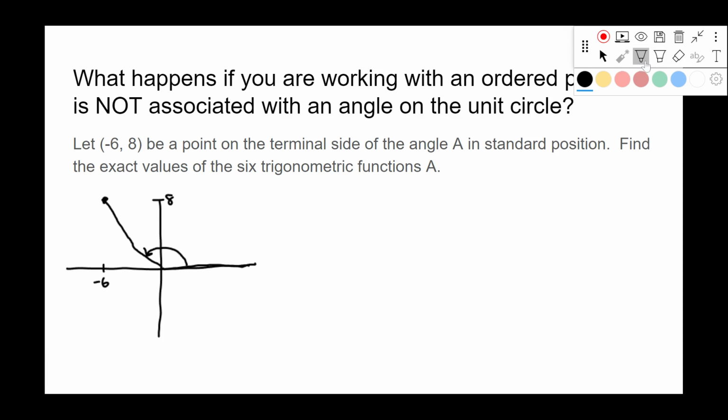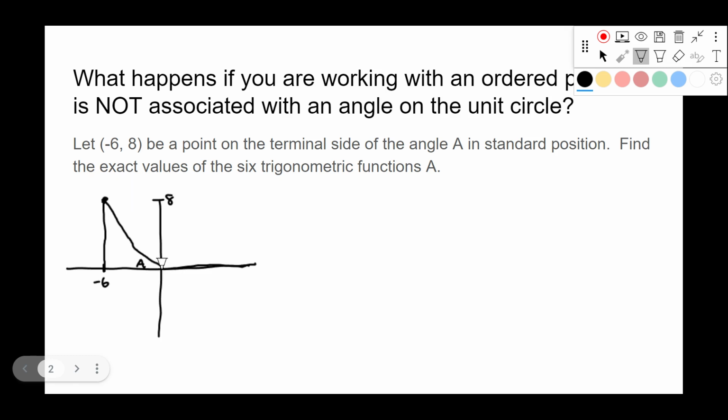The angle that we're going to work with is angle A. So what I can do is make a triangle, a poor triangle at that, but I can make a triangle. So there's my triangle.